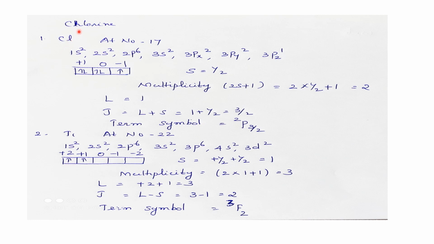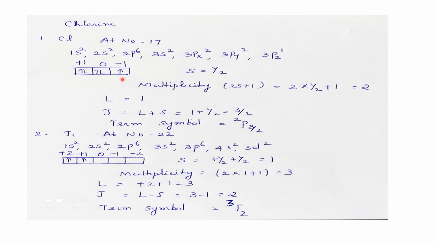Next is explanation of term symbol by using two examples. First is chlorine. In the case of chlorine, the atomic number is 17 and the electronic configuration is like this, and it contains 5 electrons in the p subshell that can be represented as shown.